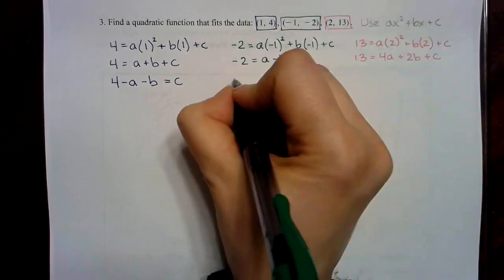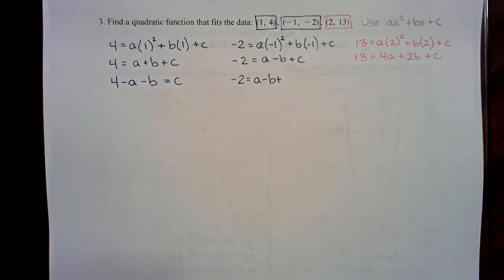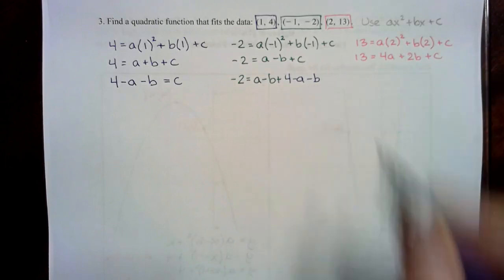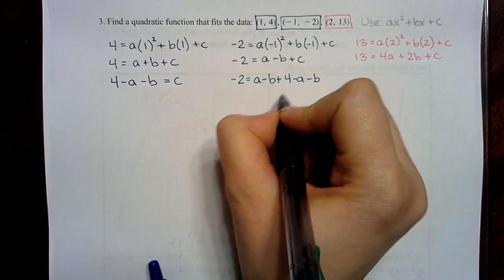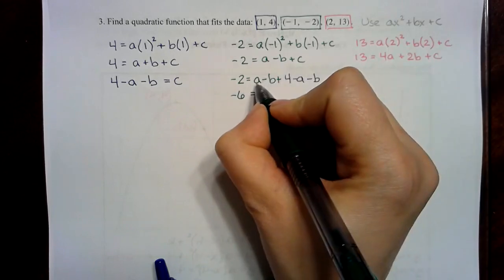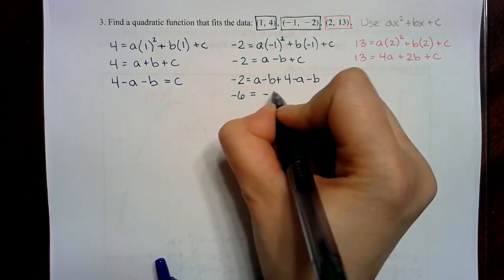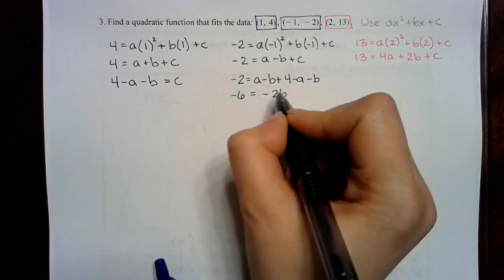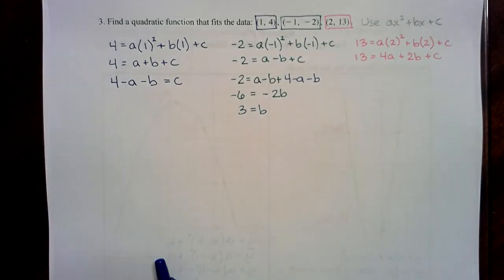So here I have negative 2 equals a minus b plus this c value, 4 minus a minus b. That will simplify if I subtract 4 from both sides: negative 6, and I'll get a minus a, which cancels, and negative b minus b, which will be minus 2b. Solving that, I find, by dividing by negative 2, that b is 3.